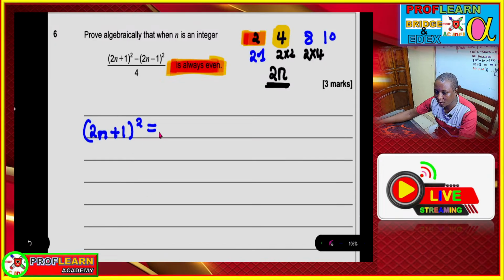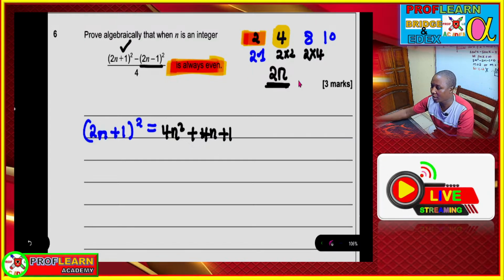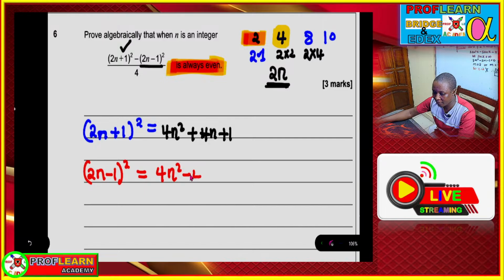So if we expand this, it is going to translate to 4n squared plus 4n plus 1. That is what this expression will reduce to. And what about this one? This is going to be 2n minus 1 squared. If we square this, it is going to be 4n squared minus, it's minus, by the way, minus 4n, then plus 1.